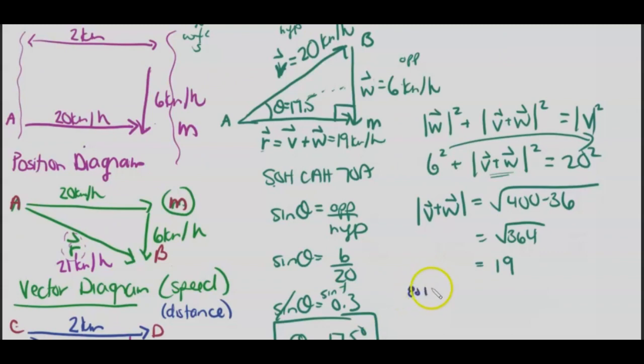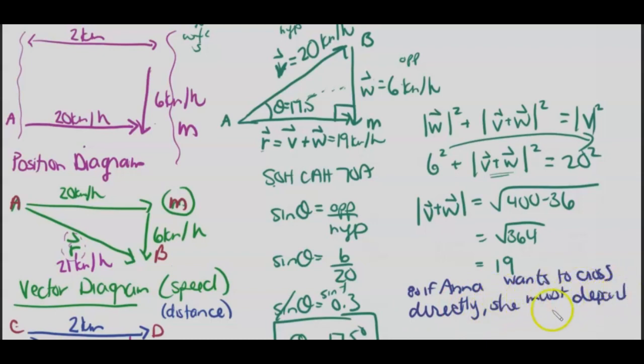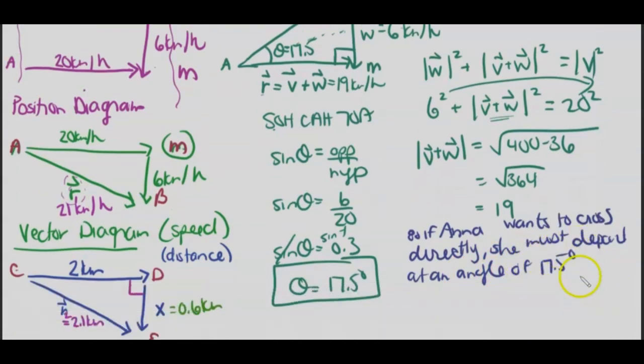So, therefore, if Anna wants to cross directly, she must depart at an angle of 17.5 degrees upstream.